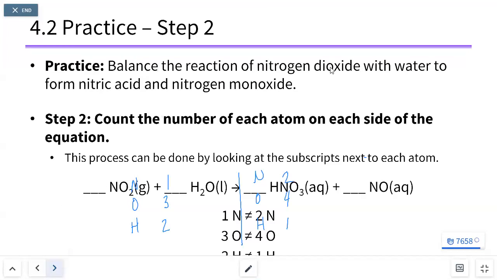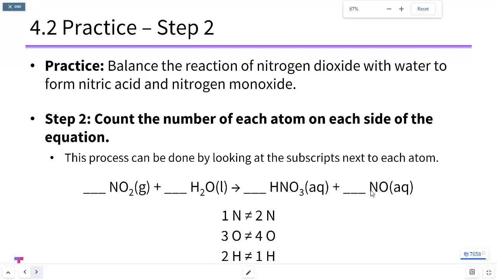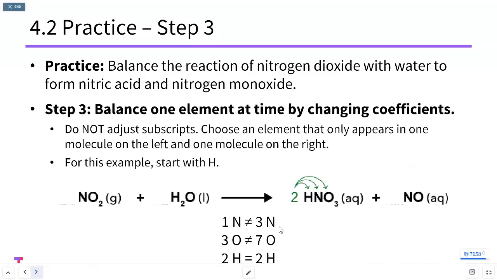So as I'm walking through here, we can see initially that every one of our elements is out of balance. But like I said, if we start simply, we're going to look at hydrogen first.